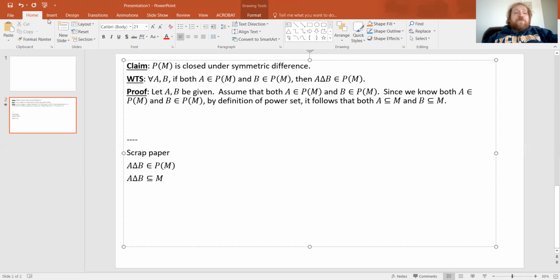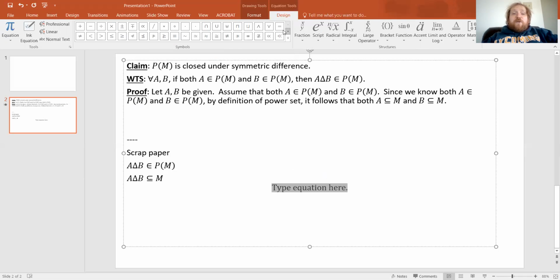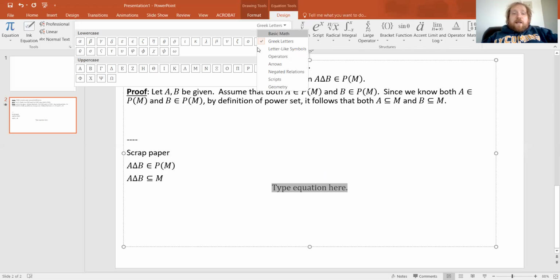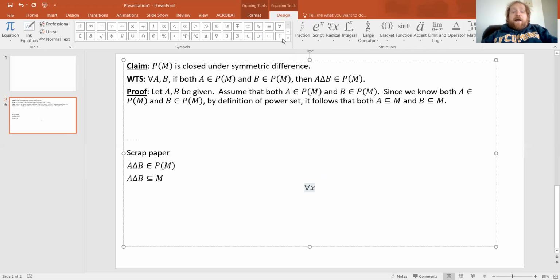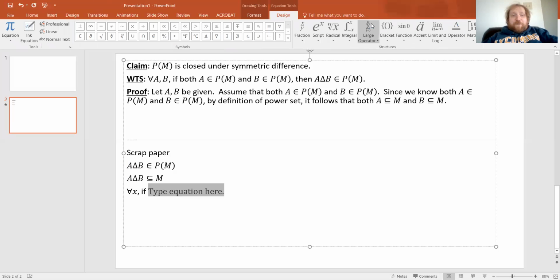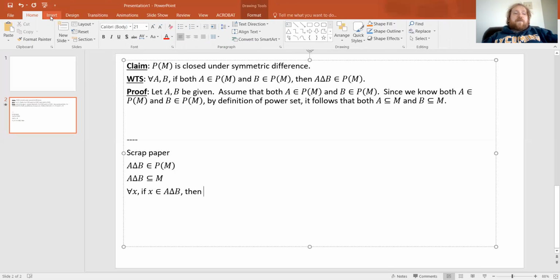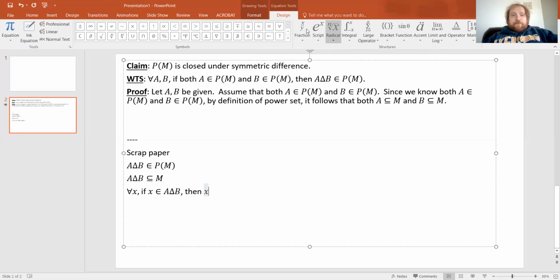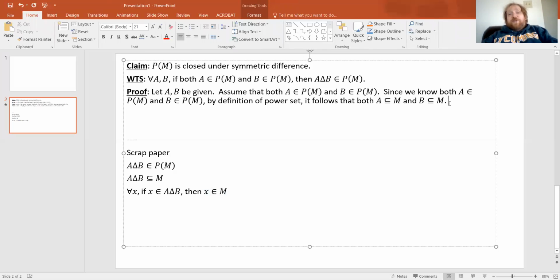So I want to prove that the symmetric difference of A and B is a subset of M. But by definition of subset, that means I need to prove for every element X, if X is a member of the symmetric difference of A and B, then X is a member of M. Okay, so what this is telling me is that I need to element chase.